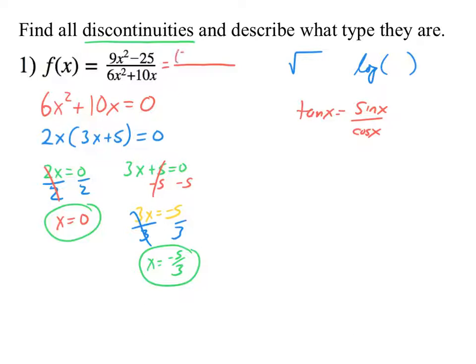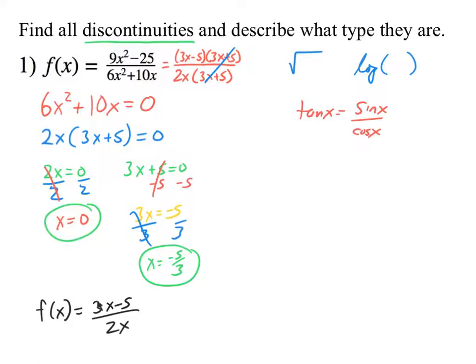To factor the top, you hopefully realize that is a difference of squares, so it's 3x plus 5, 3x minus 5. We already factored the bottom: pull the 2x out, leaving me this. And when we do that, those disappear. What that tells us is our function is f of x equals 3x minus 5 over 2x.